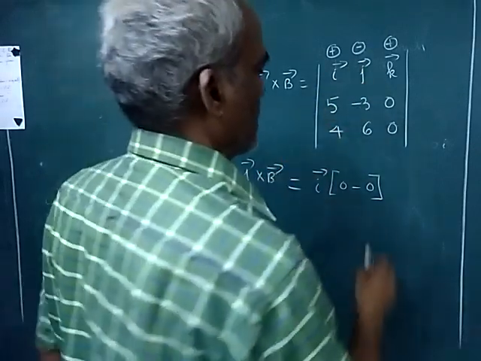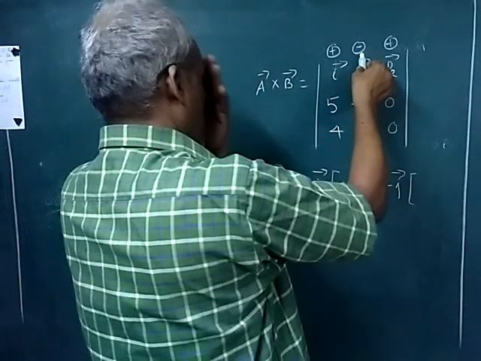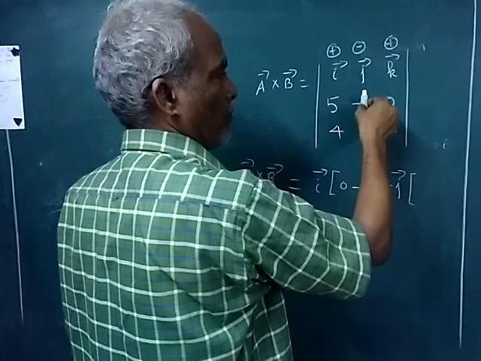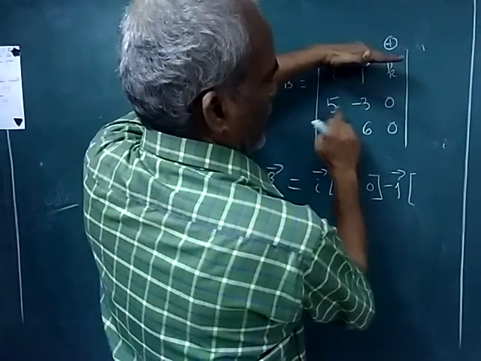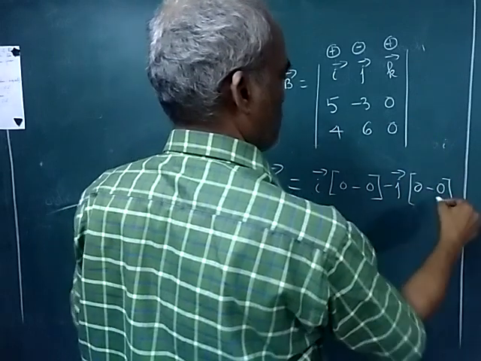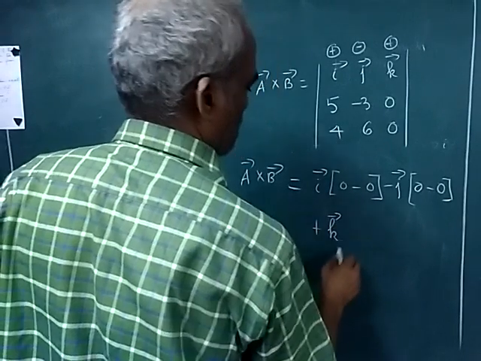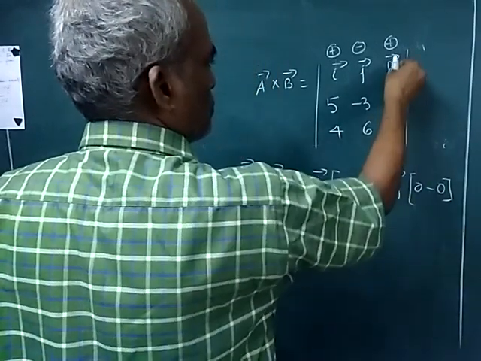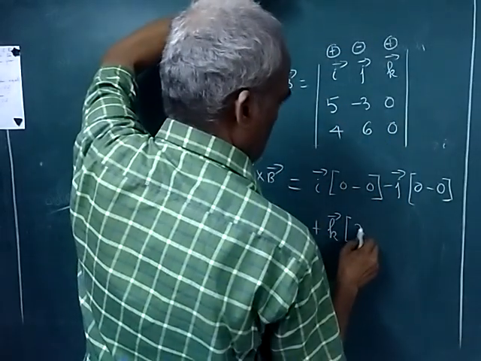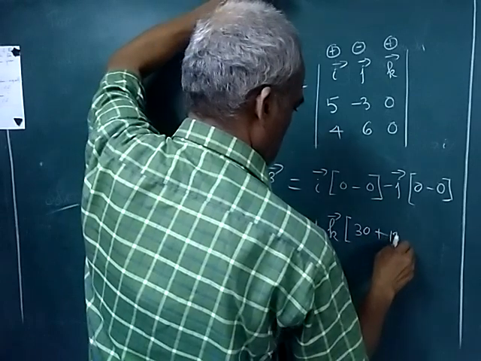So minus j vector, you hide this column and this row corresponding to j. So 5 into 0, 0, minus 4 into 0, 0, plus k vector into this column, and this column is blocked. 6 5s are 30, minus 4 3s are 12, minus minus 12, so this will become plus 12.